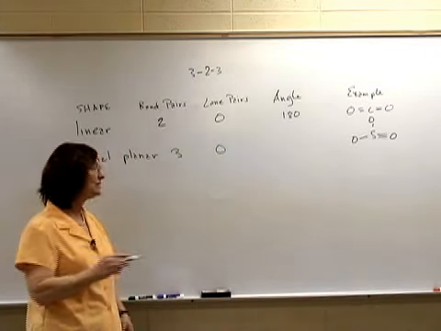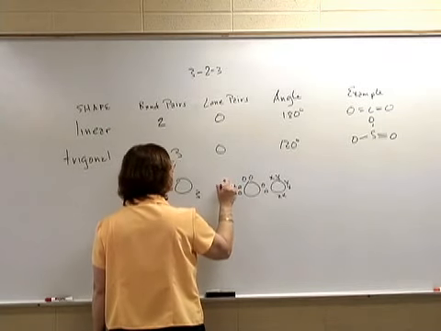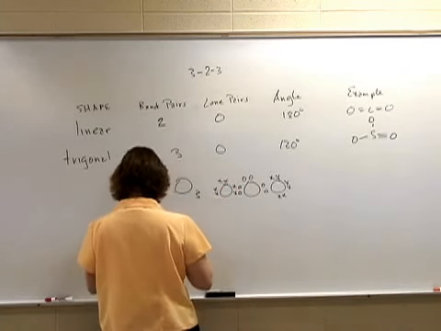The next one that I'm going to do is ozone. Ozone is O3. They're all oxygens, so it doesn't matter which one's in the middle. Oxygen has 6 valence electrons, and this oxygen has 6 valence electrons. And this oxygen I need to double bond so that I get my octet.